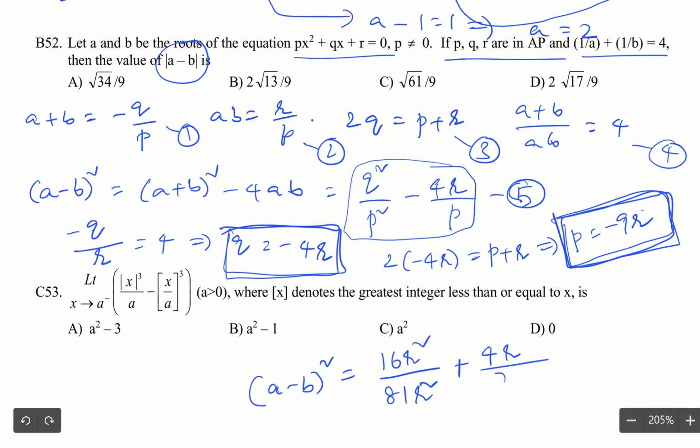I make it plus, so r's get cancelled, r squares get cancelled. You simplify this and then you'll get mod of a - b value.